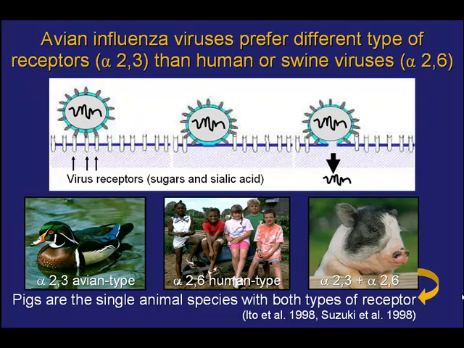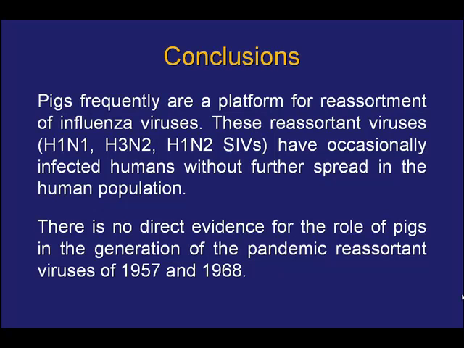But in 1998, it was found that the porcine trachea expresses both the human and the avian receptor. So all this was in favor of the pig being a unique intermediate host and mixing vessel for avian and human influenza viruses.